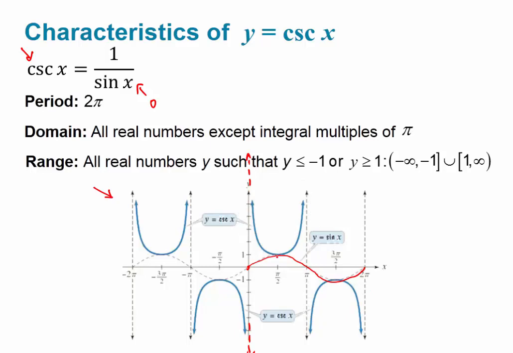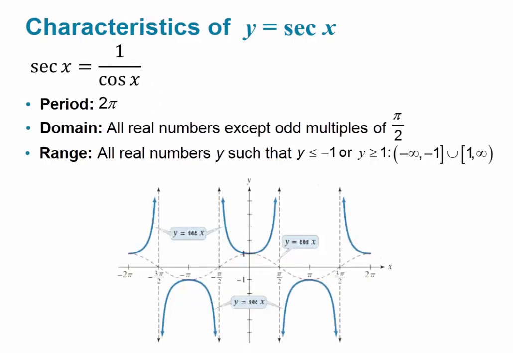Every place the sine reaches its maximum value, that's going to be the vertex of our parabola. Or whenever our sine reaches a minimum value, that will be the vertex of our parabola. So you graph the sine, graph the asymptotes, and then just graph the parabolas using the peak of the sine curve as the vertex of the parabolas.